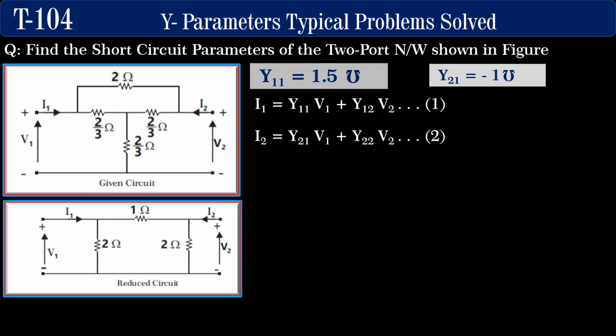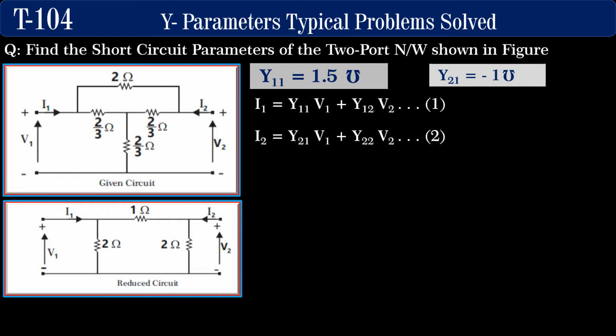Friends, to find y12 and y22, the given circuit and the reduced circuit and the two equations in terms of y parameters are reproduced here, and y11 and y21 obtained earlier are also indicated here.